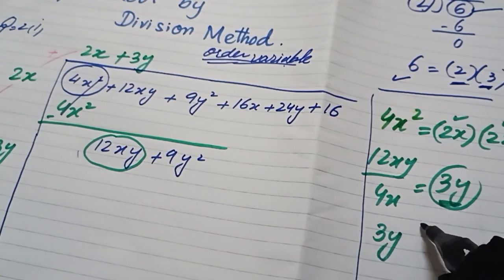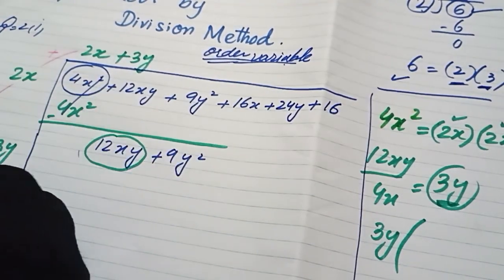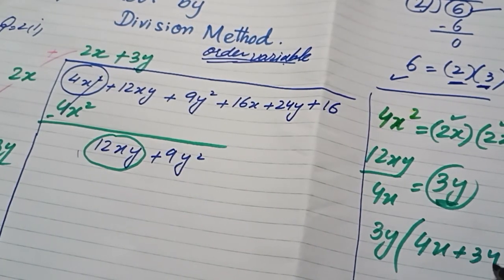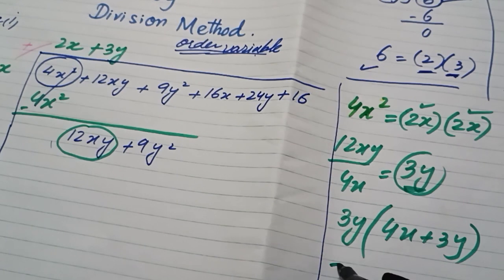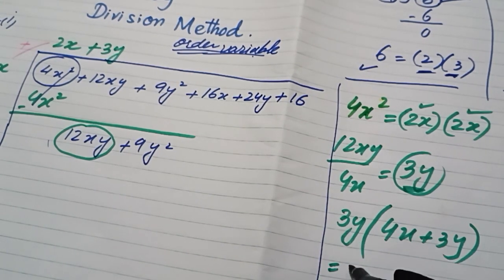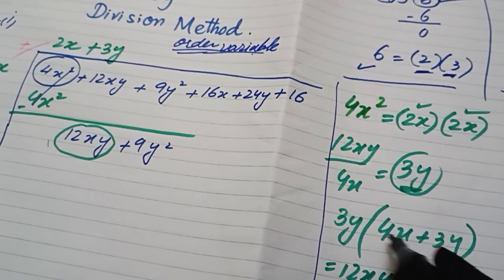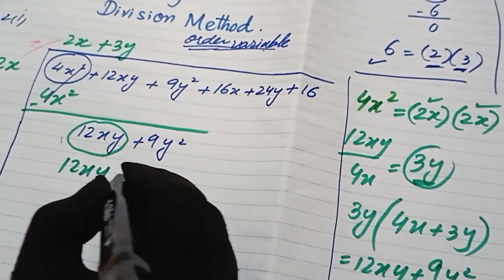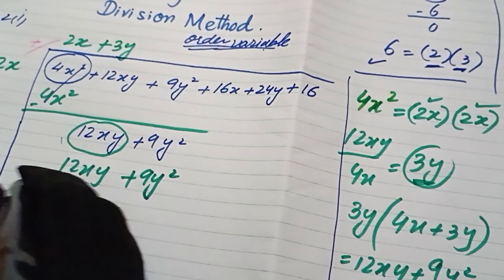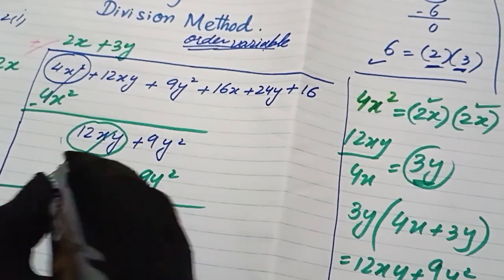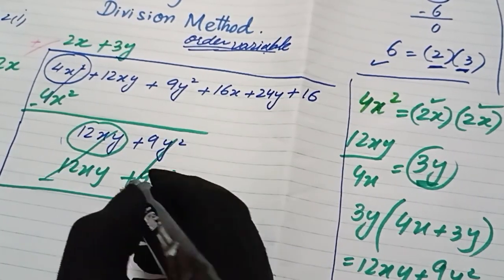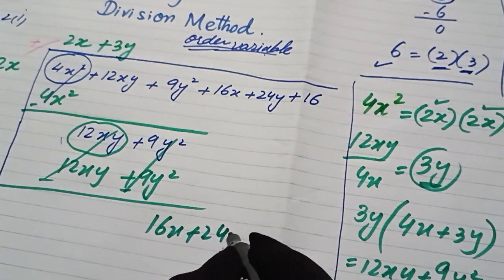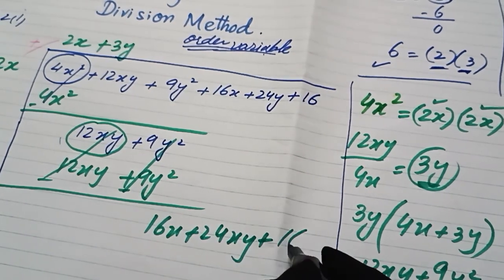Once we have taken this factor, this will be multiplied to the complete divisor, and then we will find the answer. 4 threes are 12xy plus 3 threes are 9y square. Write down 12xy plus 9y square, and subtract, cancel, and this also cancels. Bring the next terms down: 16x plus 24y plus 16.